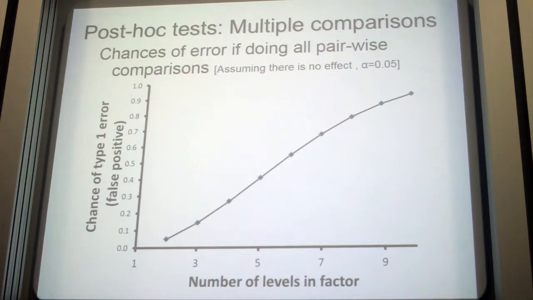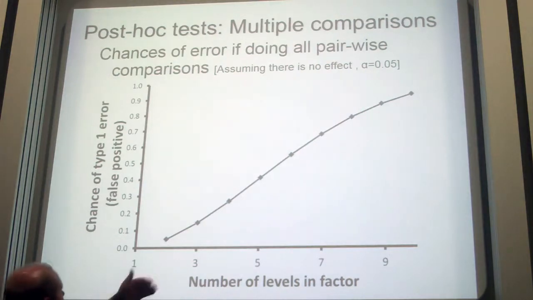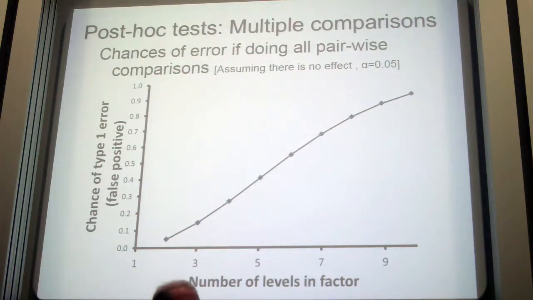If you have three levels in a factor, you can compare A with B, A with C, and C with B. You can do three comparisons. And that raises the chance of one of them coming out as being significant to about 0.15, or thereabouts. If you have four, it goes up to just over 0.2 and so on.